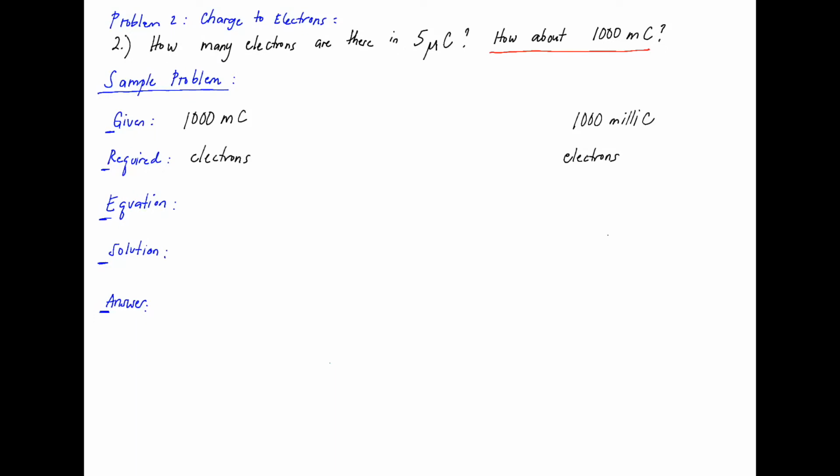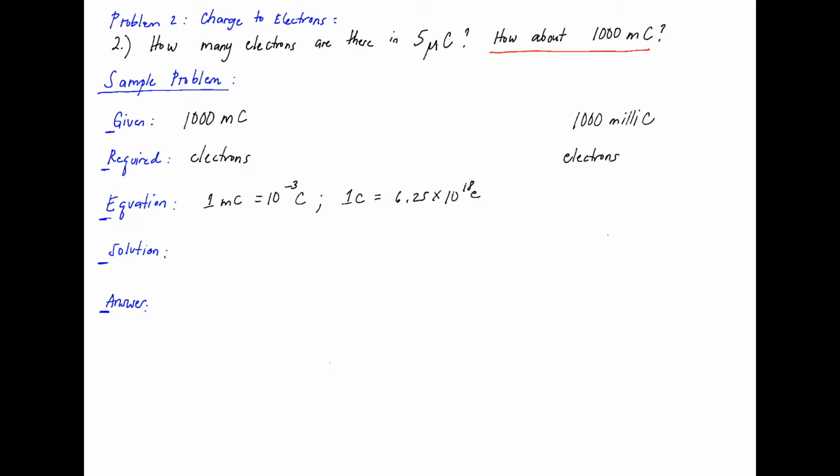Now, for our equation, we have to take note that for every 1 millicoulomb, that is 10 raised to negative 3 coulomb. And remember, for every 1 coulomb, we have 6.25 times 10 raised to 18 electrons.